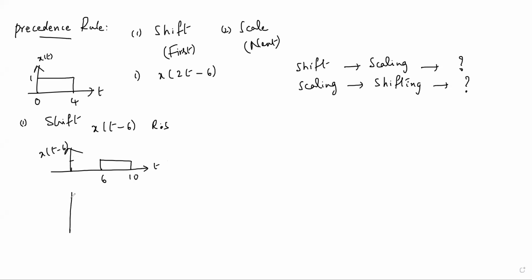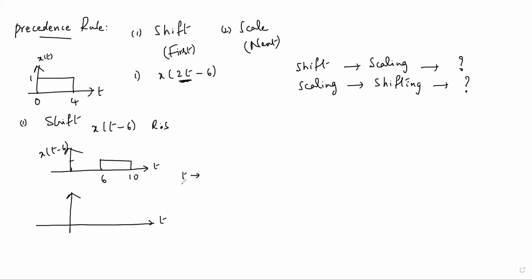Now we are scaling this shifted version. Scaling means, as I told you, every t is replaced. Here, in x of 2t minus 6, we want to plot 2t now.